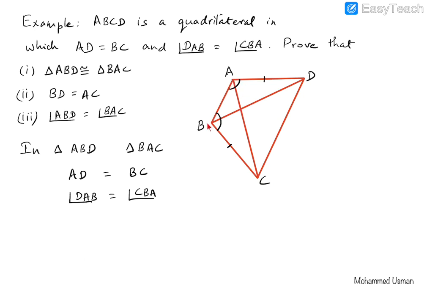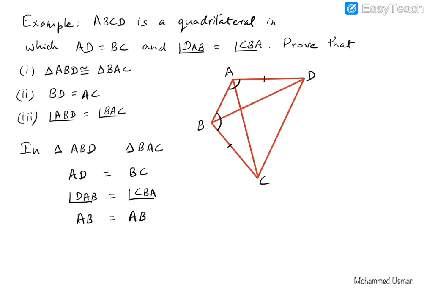So if you look at the triangle ABD and triangle ABC, clearly AB is a common side for both the triangles, so you can use that common side. AB equals AB. So now we have a side, an angle, and a side, a common side, which is AB equal to AB.